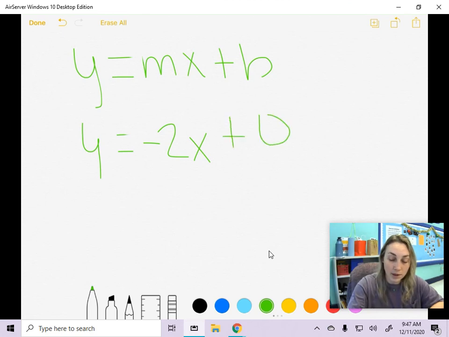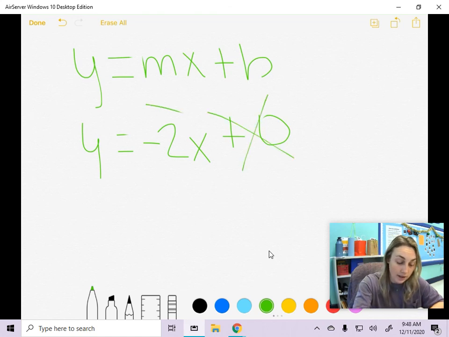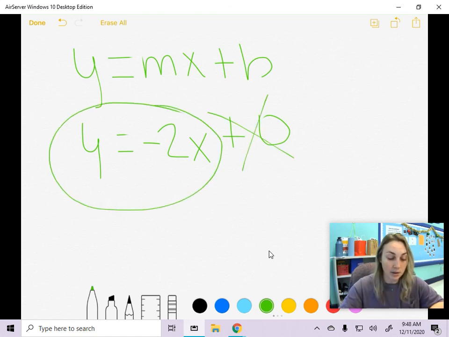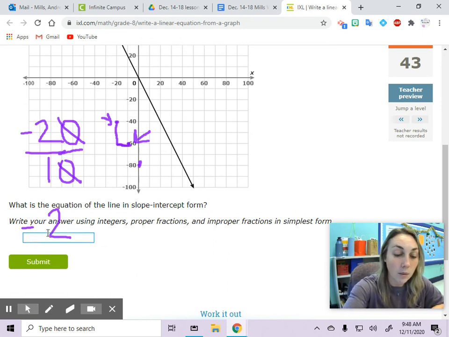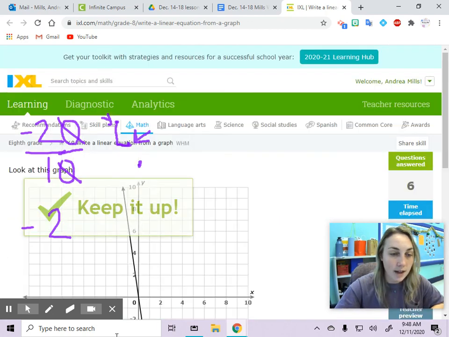But again, if you remember what I talked to you about, you don't have to put plus 0. So we can mark that out. This is going to be a proportional graph, and it's going to be y equals negative 2x. And I'll go ahead and put that into here. Y equals negative 2x. All right.